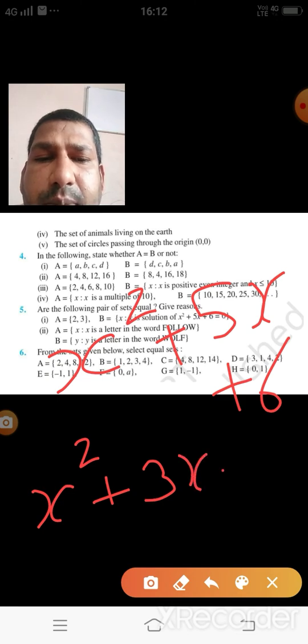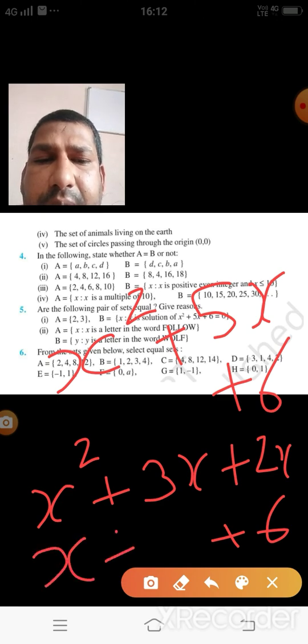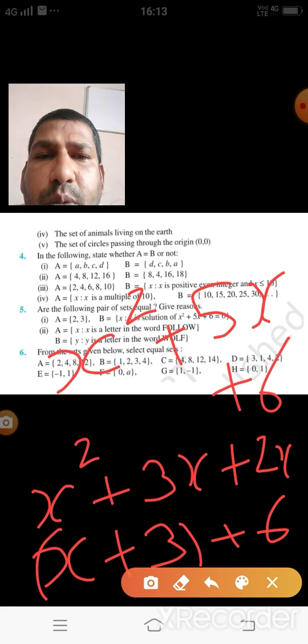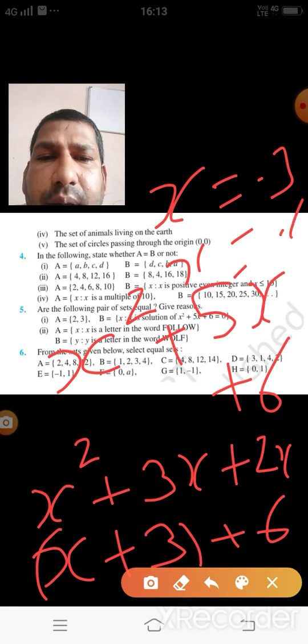Then by splitting the middle term we get x square plus 3x plus 2x plus 6, and taking the common factors, x plus 3 and x plus 2, means x equal to minus 3 and minus 2. Solve this first and then tell whether it is the solution of this equation or not.